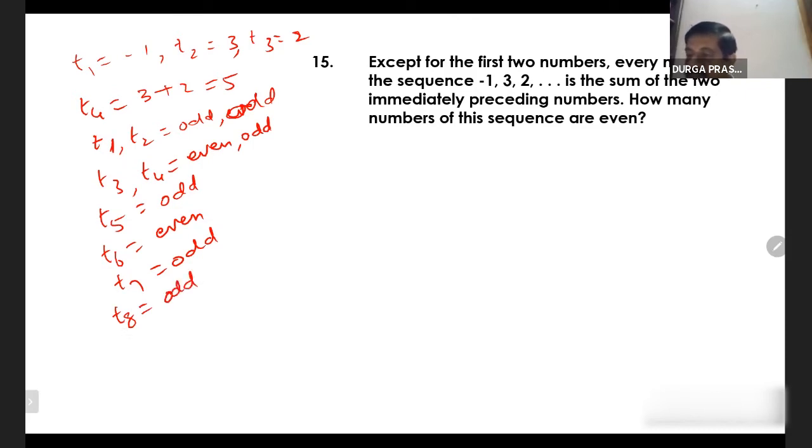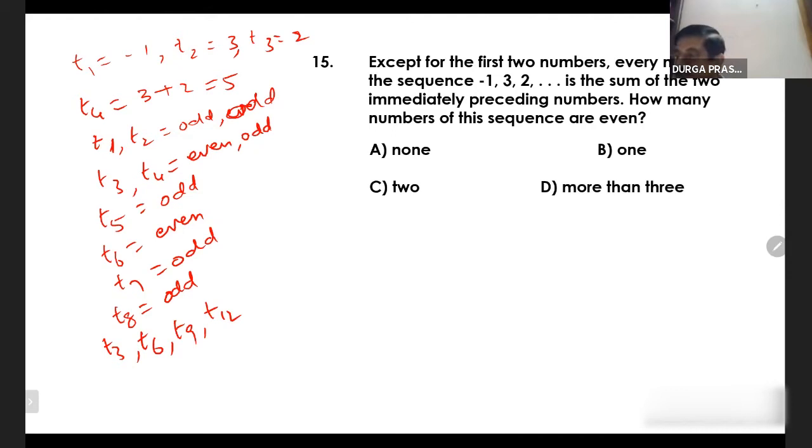Then that means T3 is even, next T6 is even, then next T9 will be even, then T12 should be even, and so on. This continues. So every multiple of 3 you take here, T3, T6, T9, T12, T15, they all are even numbers.